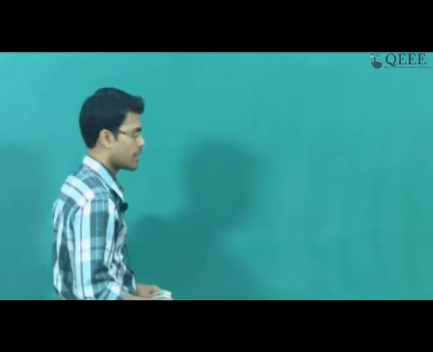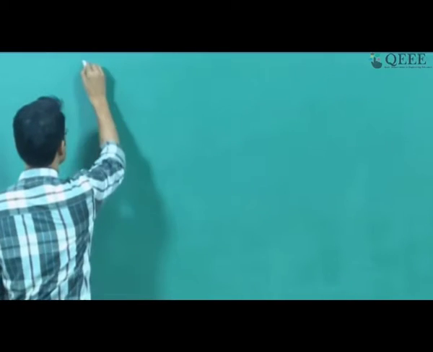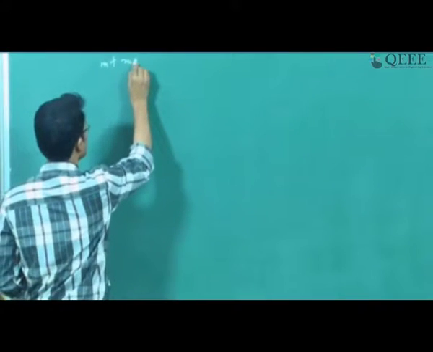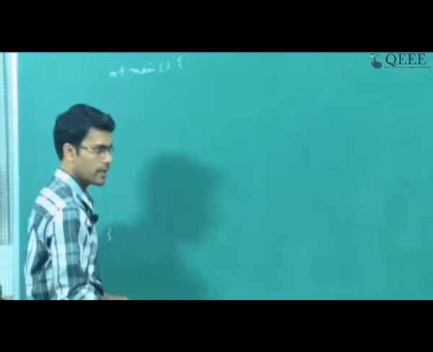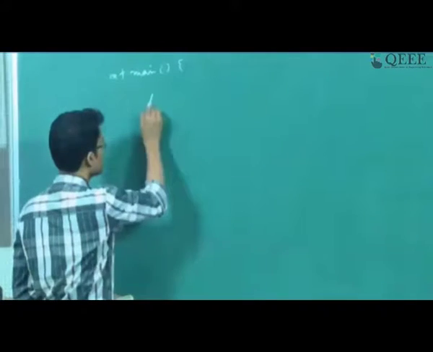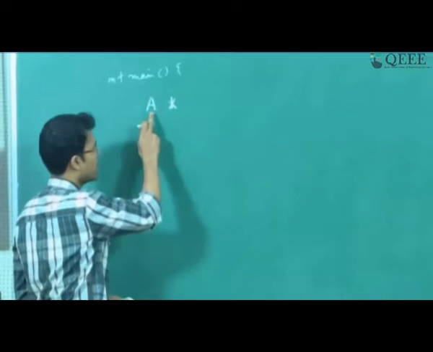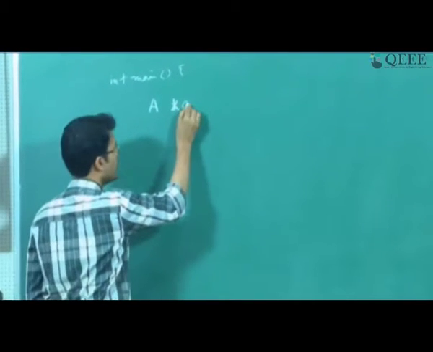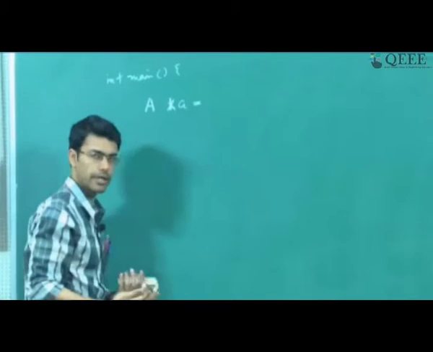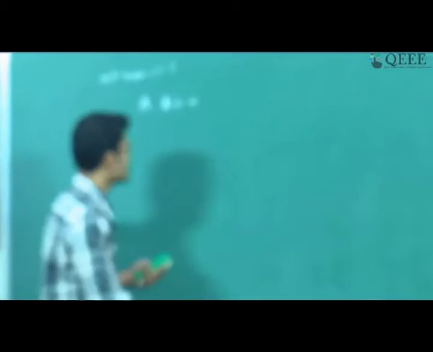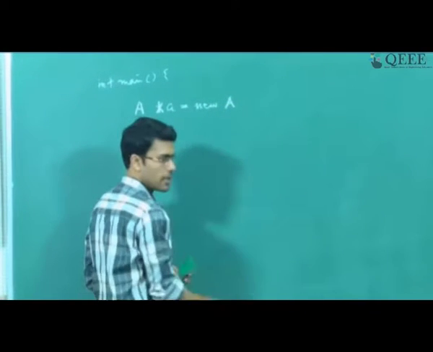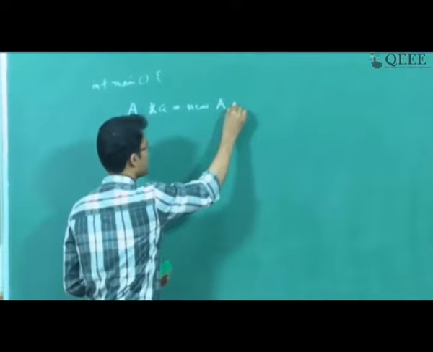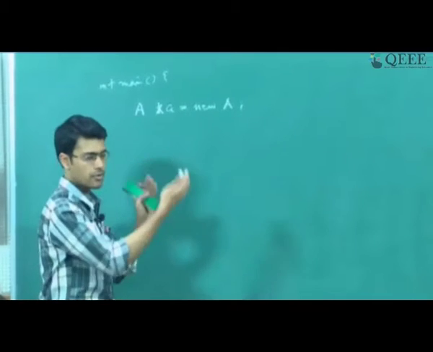So the main looks like this. There is a type A and I am defining a pointer to that type. And why do I need a pointer now? Because I am talking about new, right. So new returns a pointer. I am going to say new A, and in case you have certain parameters to be passed to the constructor, you can do that here.